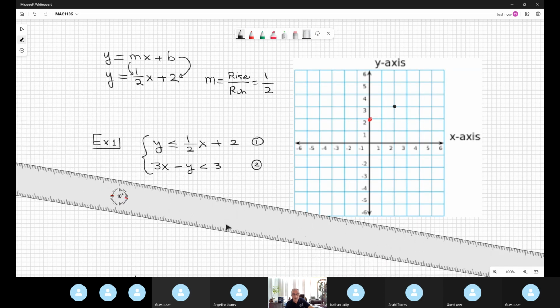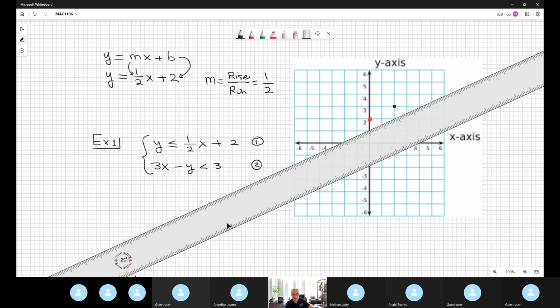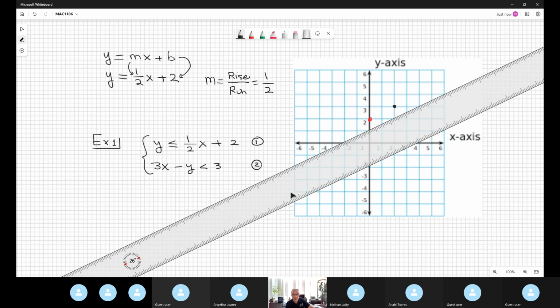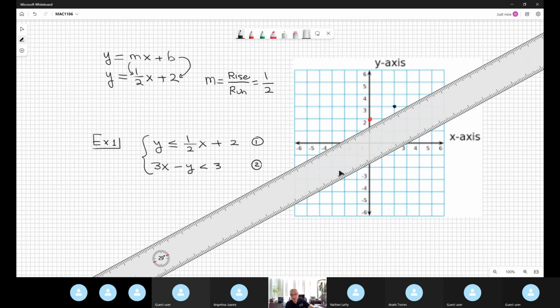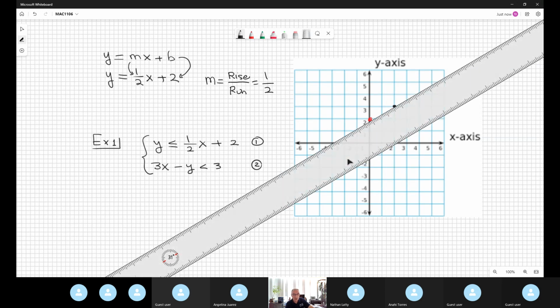In this case, I know very well that this line is a solid line. Why is it solid? Because my inequality is not a strict inequality. It's a combination of equation and inequality because it includes the equal sign. Remember, equal sign, solid line. No equal sign, like a number 2, dotted line. Okay, so you connect this.